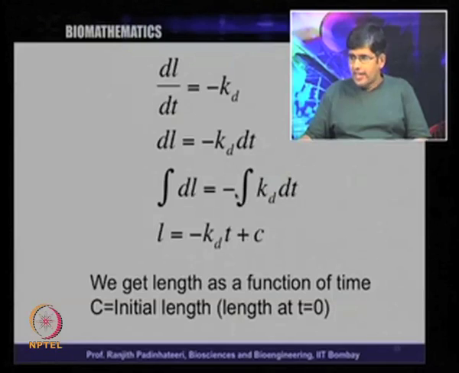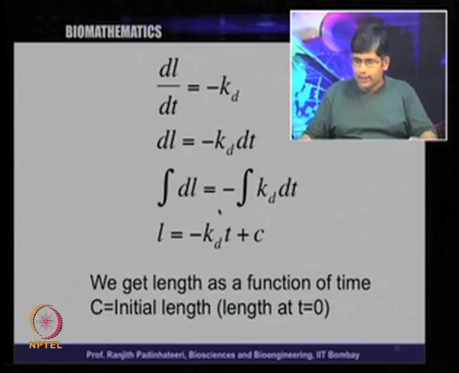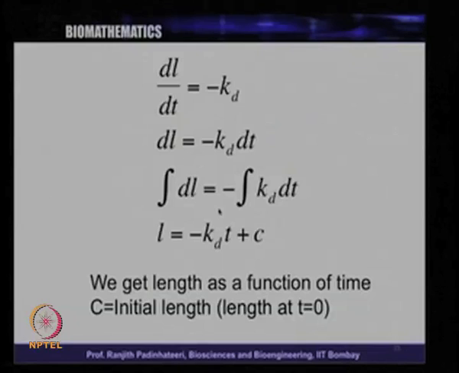Since you have this minus sign here, the integral of dl is L, but the integral of Kd dt, since Kd is a constant, you can take it outside and write it as Kd t plus a constant. So, we get length as a function of time again, but there is a minus sign here. What does that mean? Let us have a look.